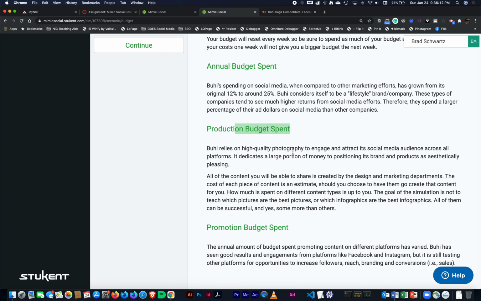This could be costs for royalty based images, not royalty free. So you may have to pay a photographer for the content that you can use to promote. And then your promotion is the cost on each of your platforms that you're going to put your advertisements on.